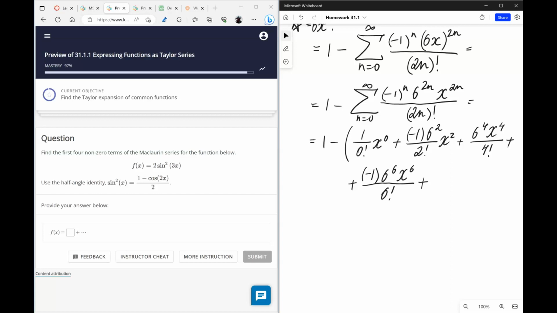We're going to have to go one more because this one will cancel this one, and we need 4 non-zero terms. So we're going to end up with 6 to the power 8, x to the power 8 over 8 factorial, etc.